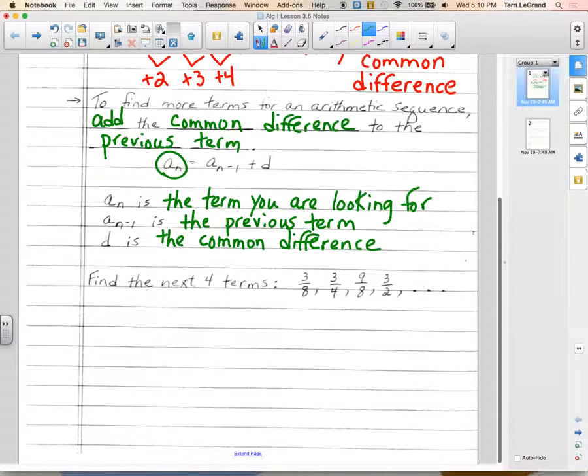A sub n, the term we're looking for. A sub n minus 1, the previous term. Add to that the common difference. To find more terms, add the common difference to the previous term.